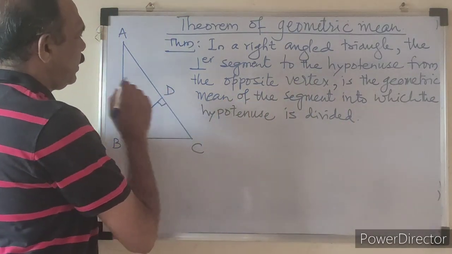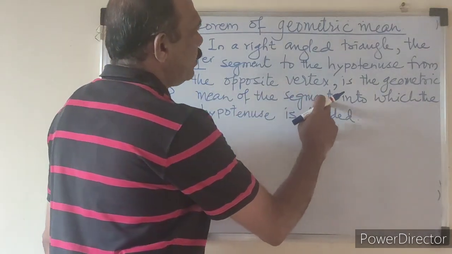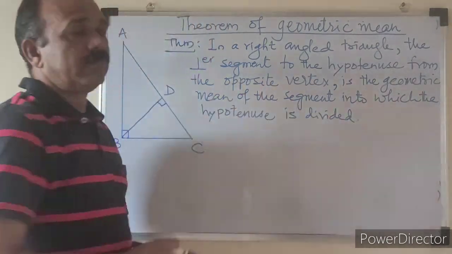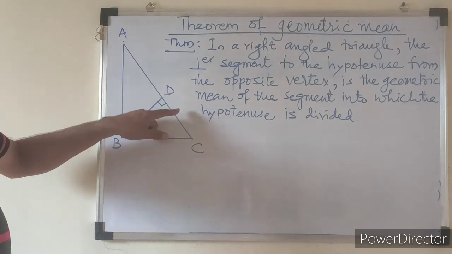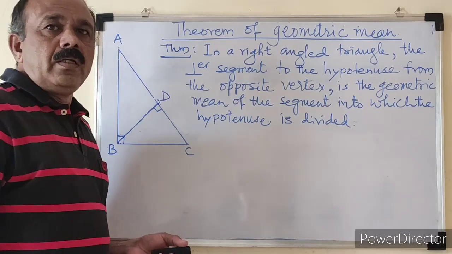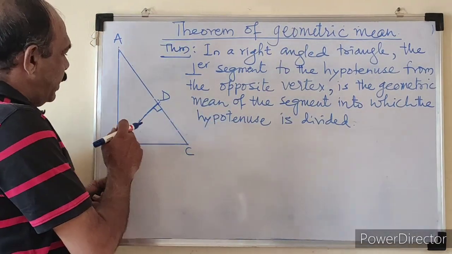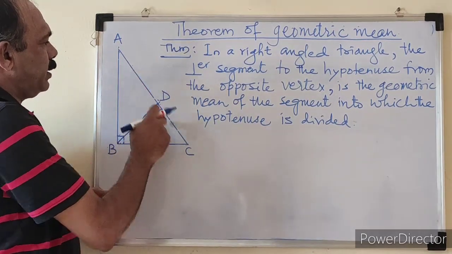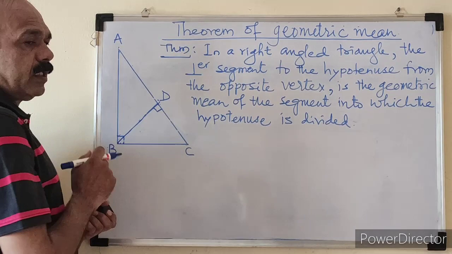Now we will take BD. So BD is the mean of the segments into which the hypotenuse is divided. This hypotenuse is divided into two parts, that is AD and DC. Now according to the previous theorem, these two triangles are formed due to the altitude drawn on this hypotenuse, so these two triangles are similar to each other.